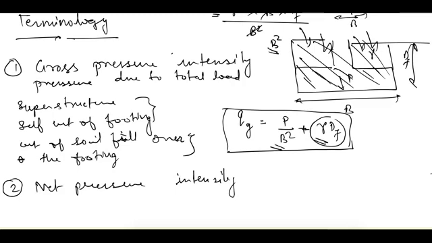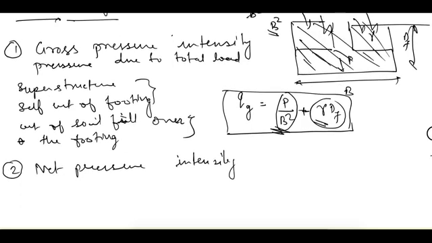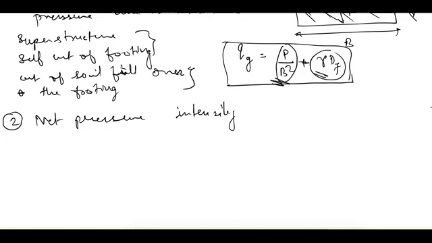Whatever the deformation is going to be, it will be due to the excess load, the load that was not there before, which is this part. So that is our net pressure intensity. It is equal to the gross pressure intensity minus gamma df, which is the overburden pressure. It is also called overburden pressure.